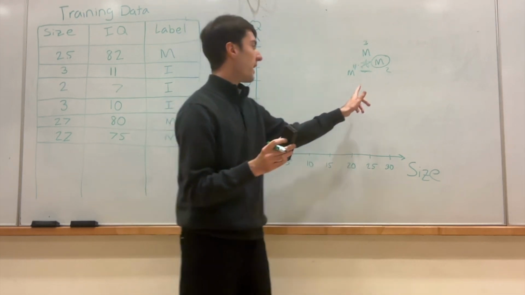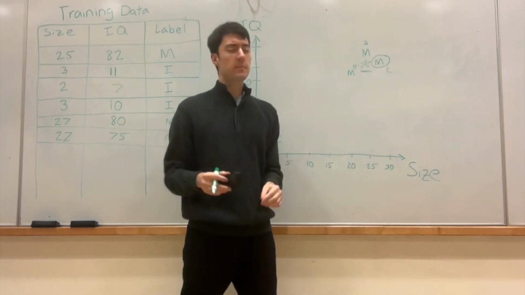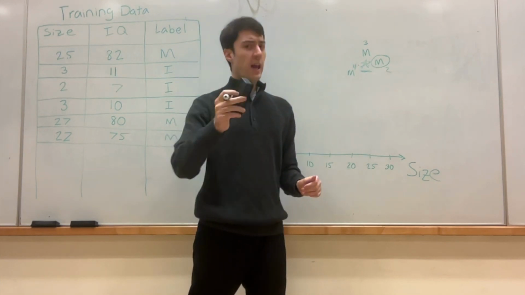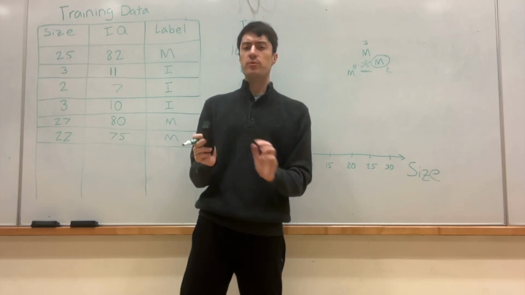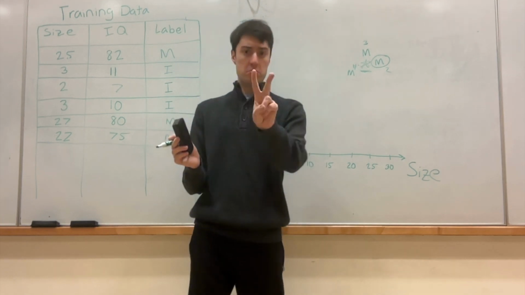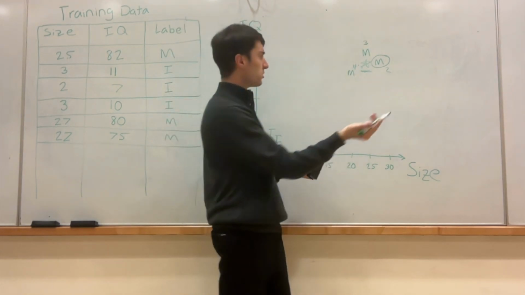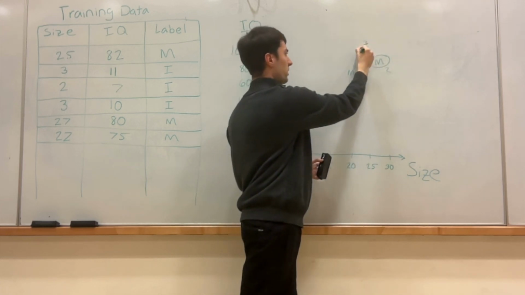All right, so now I mentioned that k does not necessarily have to be 1. When we looked at k equals 1, we found the closest neighbor and said, that's it. If the closest neighbor is a monkey, then we have a monkey. But you don't have to choose the closest. You could choose the 2 closest. Then you would say, okay, here's a monkey and here's a monkey.